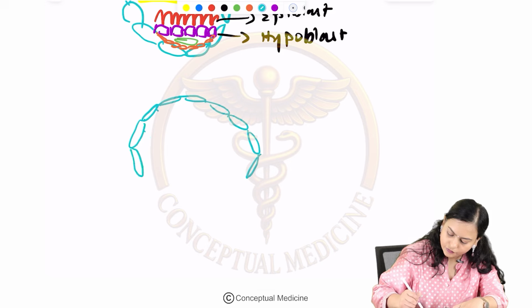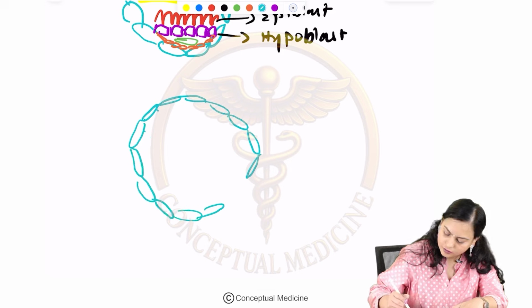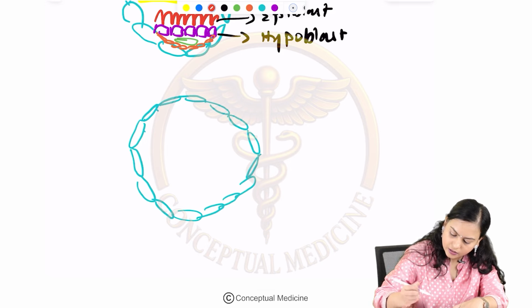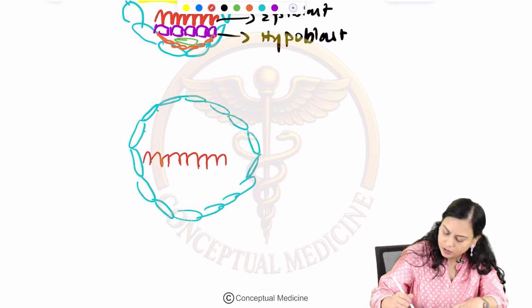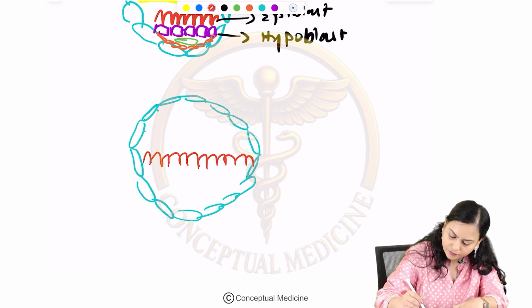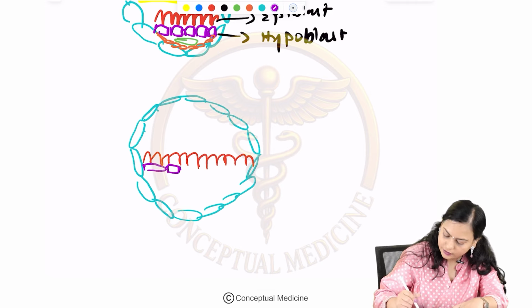See, we will have the trophoblast, then we will have the epiblast, we will have the hypoblast.